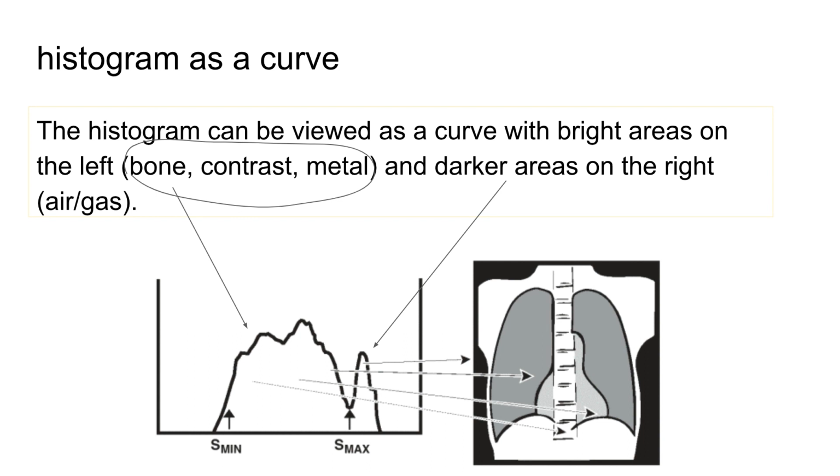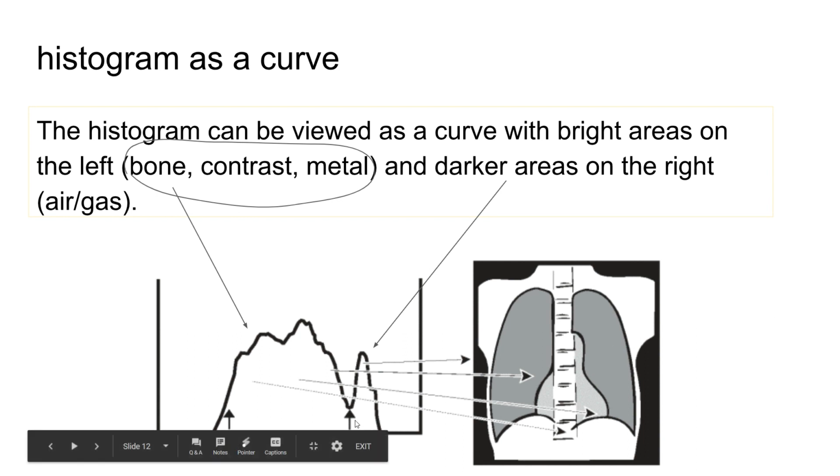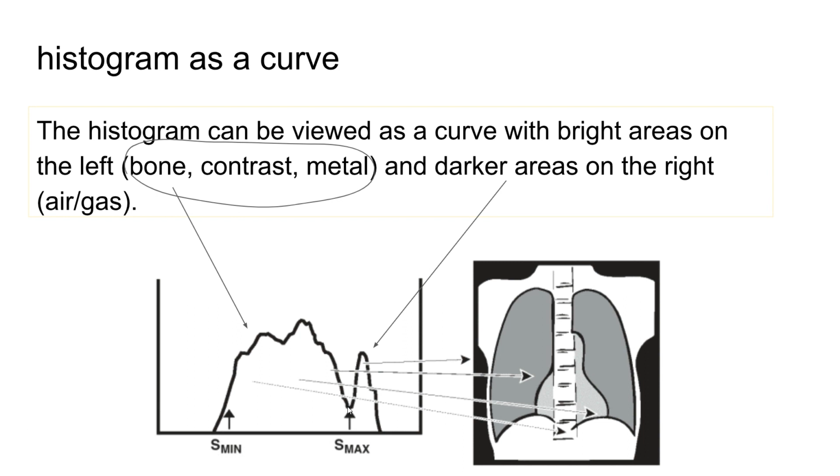Each histogram is usually assessed with a starting and an end point, except we call it S min or S minimum, and S max or S maximum. And we can move those points around. You'll notice on the right side here, the S max is not at the actual end of the image, right?